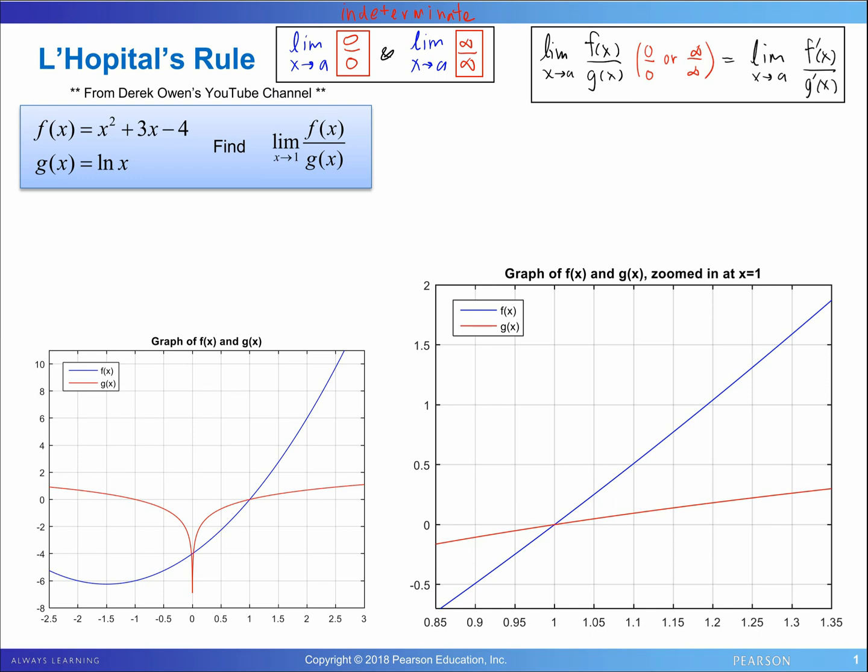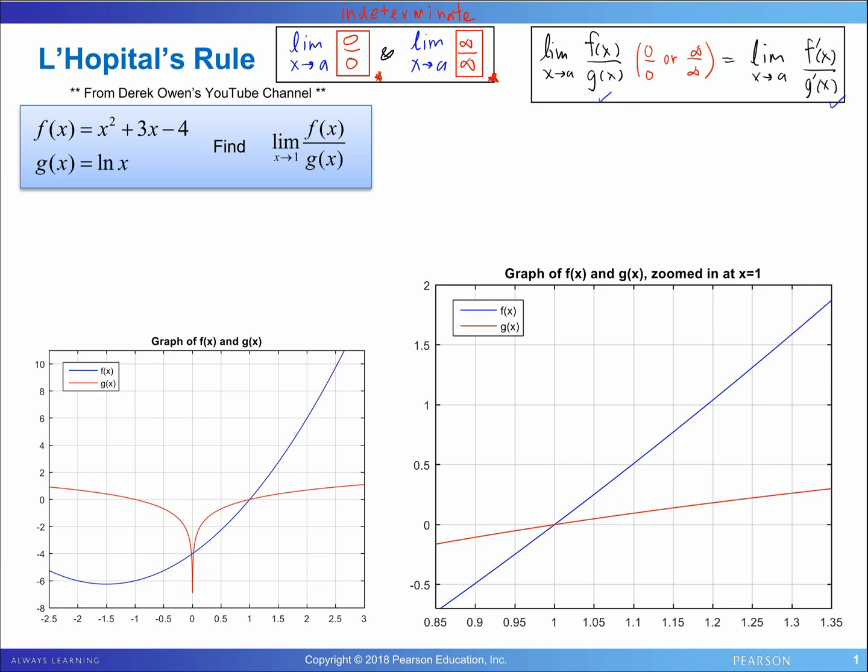Once again, keep in mind that you can use this technique when you have 0 divided by 0 or infinity divided by infinity only. Now the question is, why does it work? Why all of a sudden does a limit of f of x divided by g of x turn out to be equal to the limit of f prime of x divided by g prime of x in these circumstances?